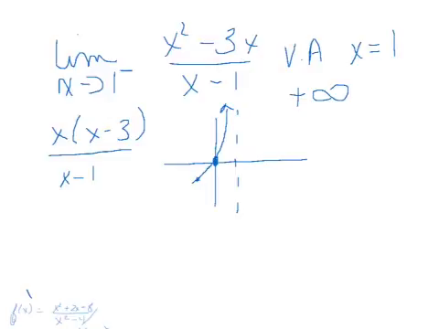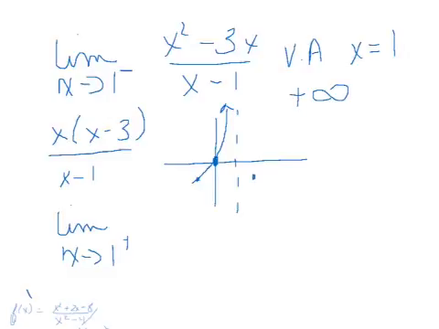Now let's see what happens if we find the limit as x approaches 1 from the right. Coming this way. Let's just choose a couple of test points. I'm not looking for exact numbers. If we choose 2, we have a positive times a negative over a positive. So is that going to give me a negative or a positive? A negative number.